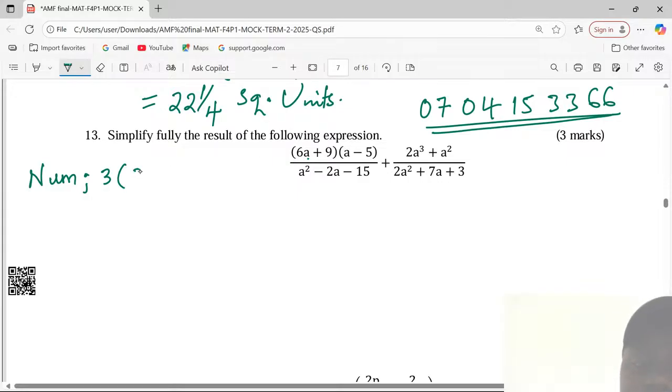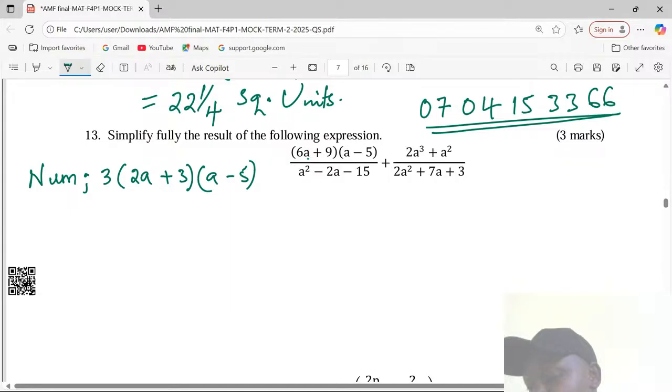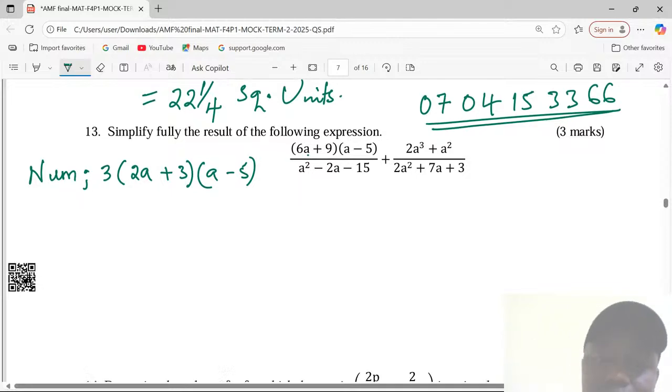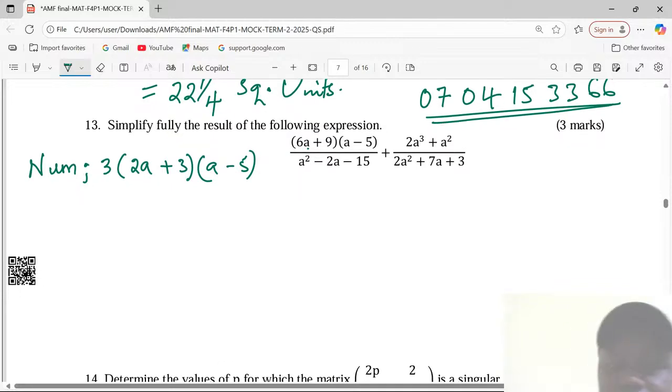When you factor out 3, you remain with 2a plus 3, then we have a minus 5. So the numerator is simplified at that point. If that is simplified, then we can check the denominator.